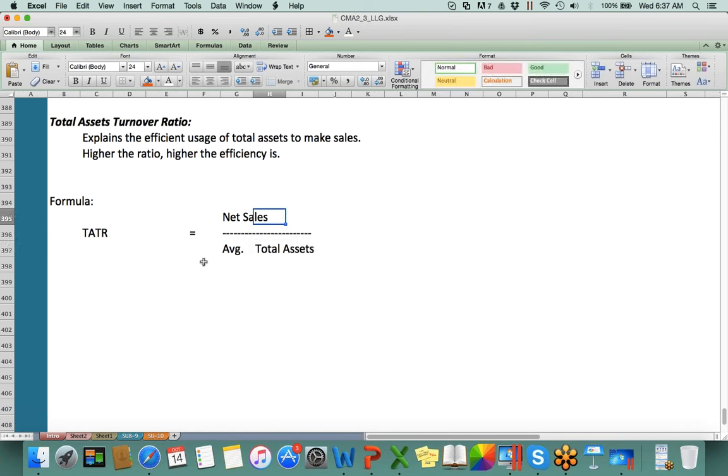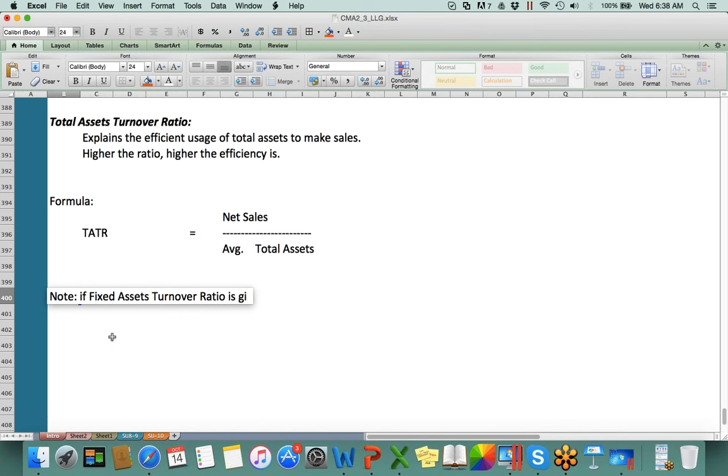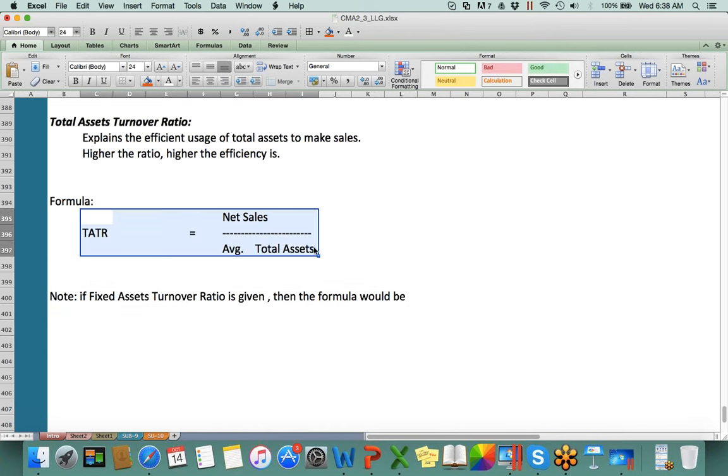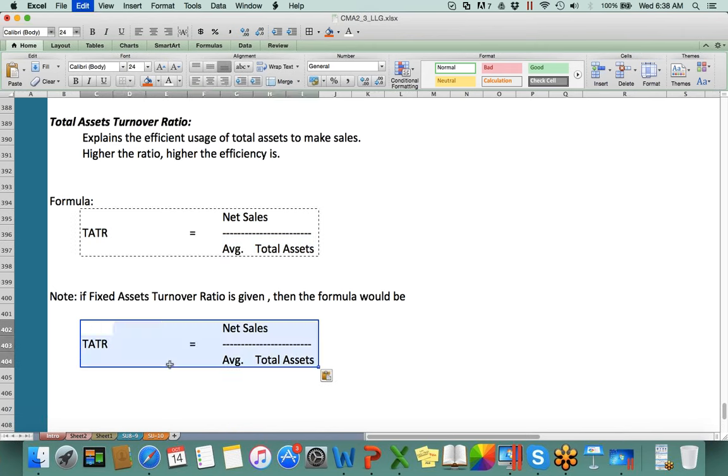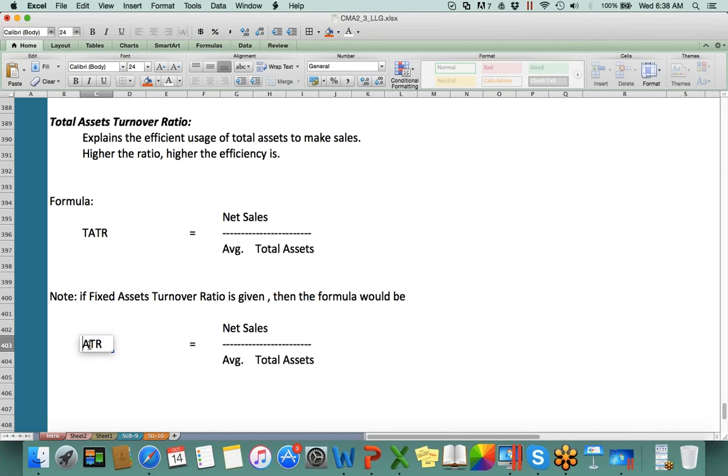If at all the question is fixed asset turnover ratio, note, if the fixed asset turnover ratio is given, then the formula would be net sales divided by average fixed assets.